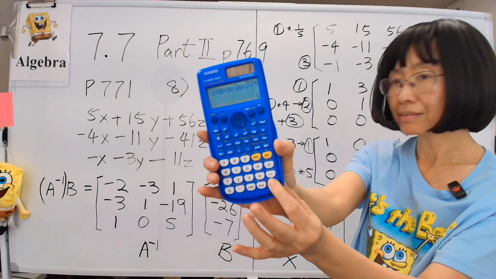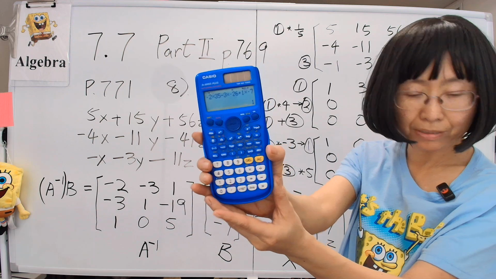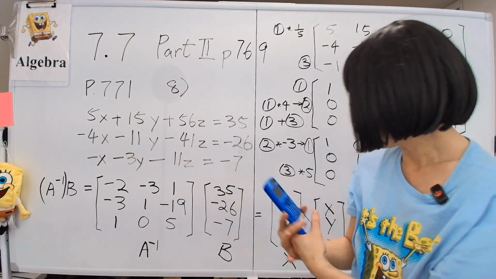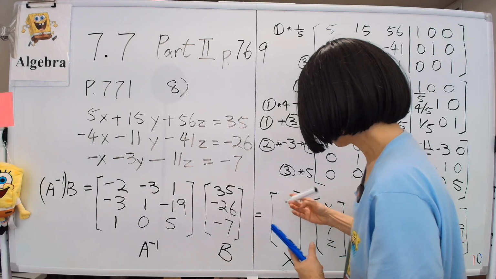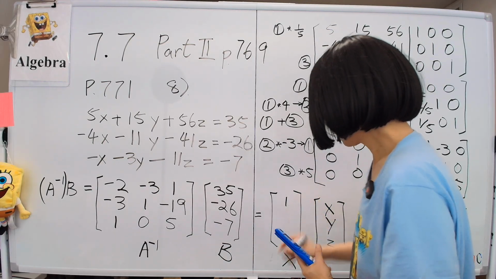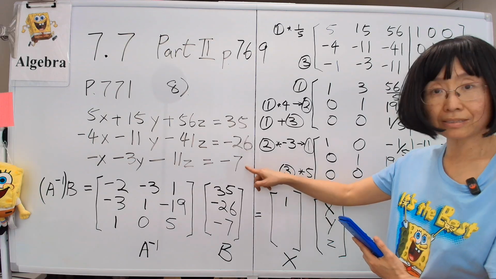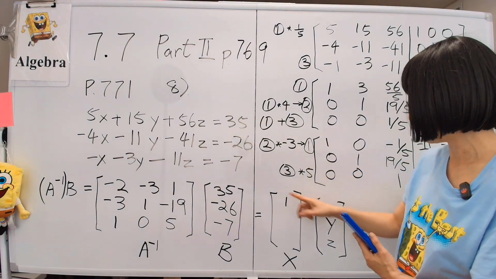Okay, so that should be the first number, which turns out to be 1. Great. All right, so let's say it's 1. And what that means is X equals 1 in this pile of stuff.